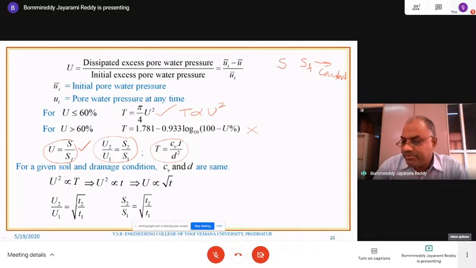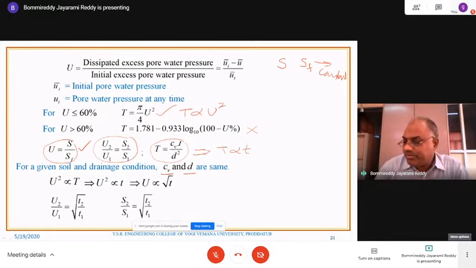But here it is given for a given soil and drainage condition. Given soil means CV is constant. Given drainage condition means D is also the same. Then CV and D are the same, so what is going to happen here? T is proportional to small t.